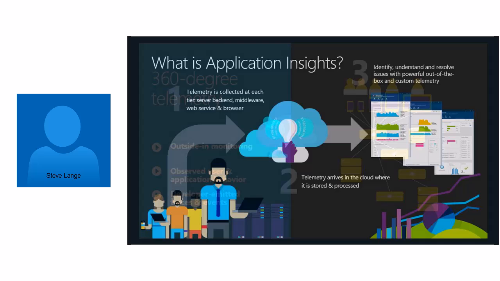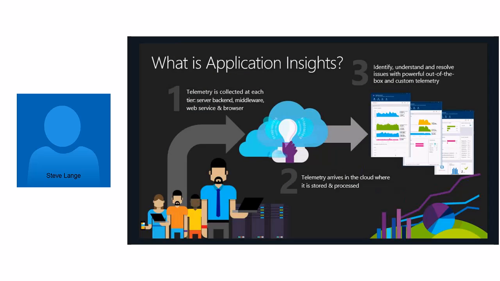So how does the Application Insights service work? Well, effectively, when Application Insights is enabled for a project or enabled on a deployed application, which is something you can either do inside of Visual Studio at project creation time, or you can also apply Application Insights to a running environment inside of Azure through the portal.